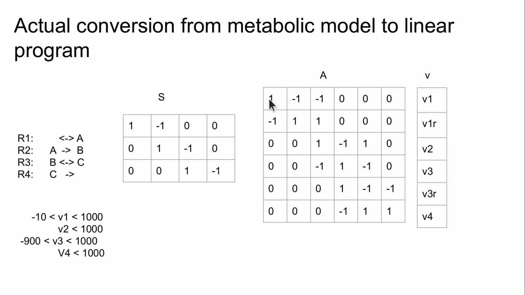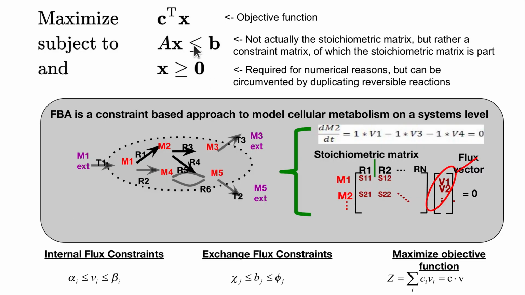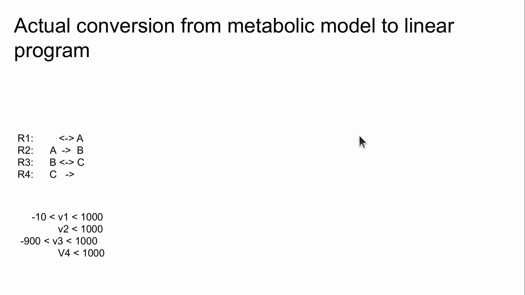So if v1 minus v2 minus v3 has to be less than something, and we want to say it has to be greater than something, then we can say that minus this has to be less than whatever value we have. Essentially, by reversing the signs in this row, we are reversing the sign on the constraint.